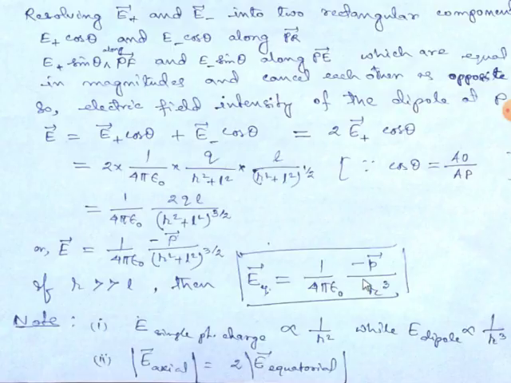And moreover, in the previous one, along its axial line, this sign was not there, so it was plus, and there was a factor 2 there, right?